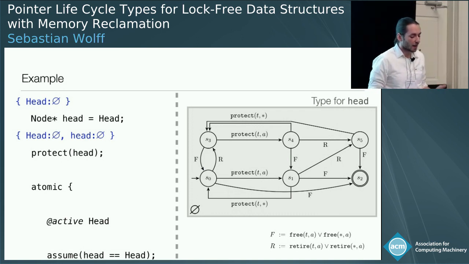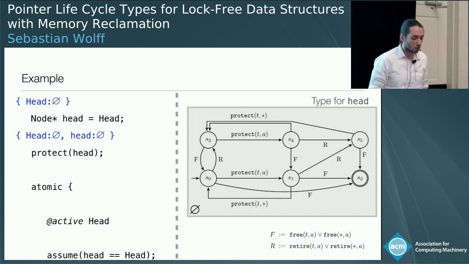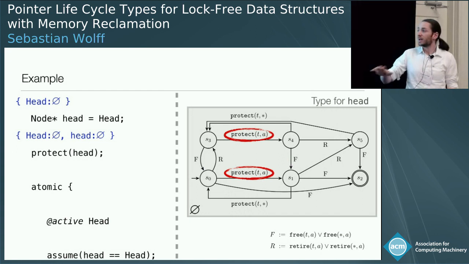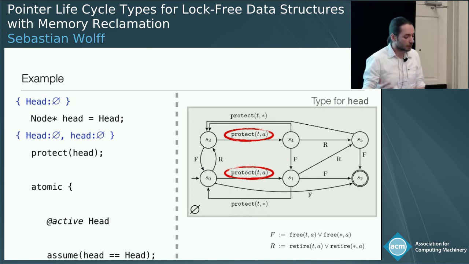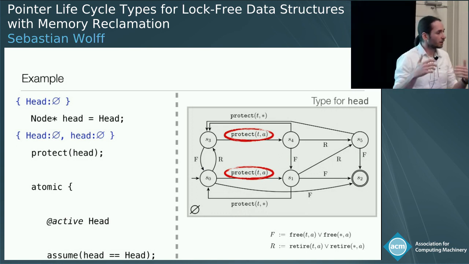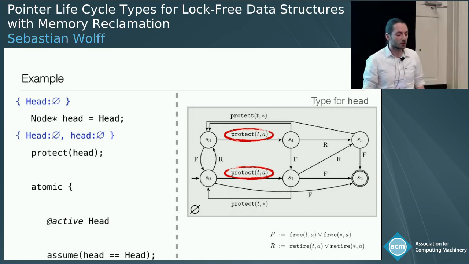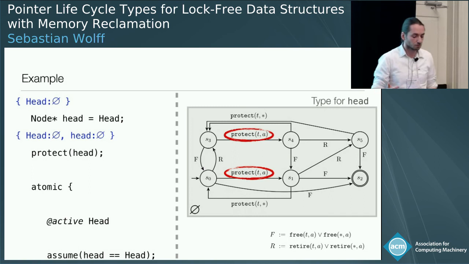Next, we see a protect of the local copy, so of the small head. And if we look into the specification, we see that it reacts on the protection. Because the protection is some API function of the SMR, the specification of the SMR reacts on it. For example, it would take us from state S0 to state S1.